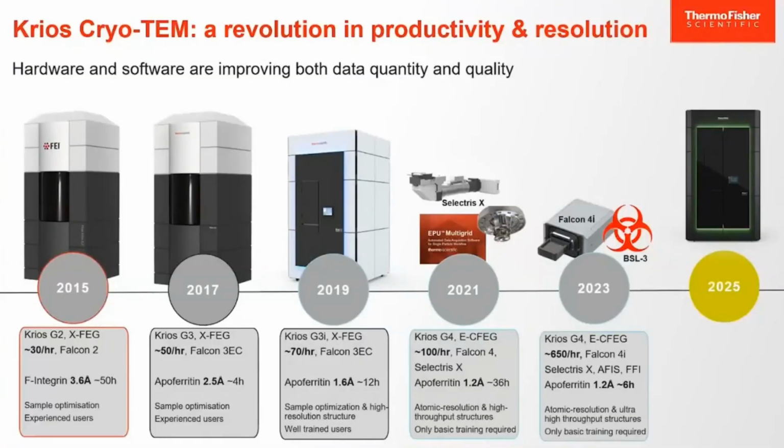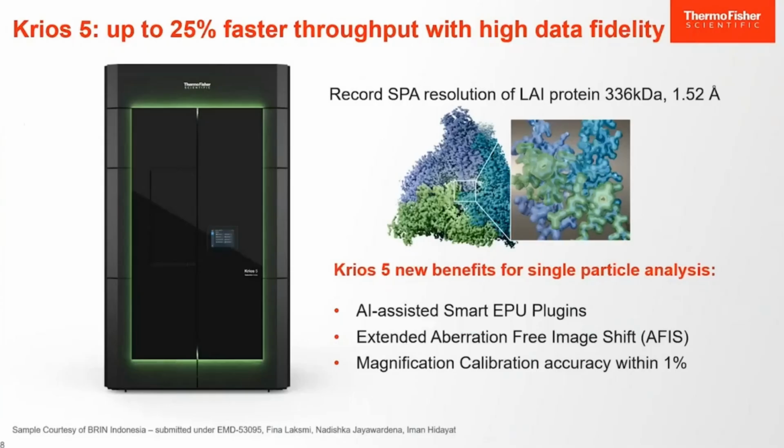In the next couple of slides, I will talk further about the specific new benefits that Krios 5 has for single particle analysis and for cryotomography. The first couple of slides I will spend on single particle analysis. There are a number of benefits for that technology that are unique to Krios 5. First of all, we have new AI-assisted smart EPU plugins.